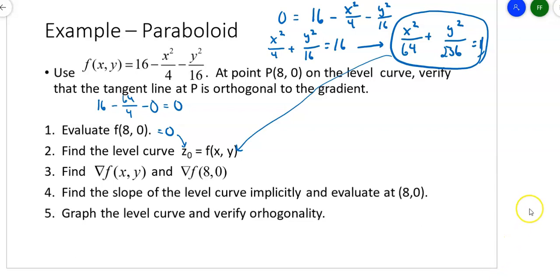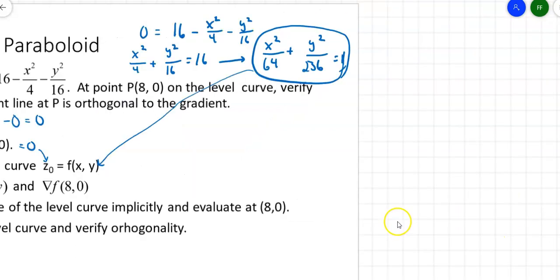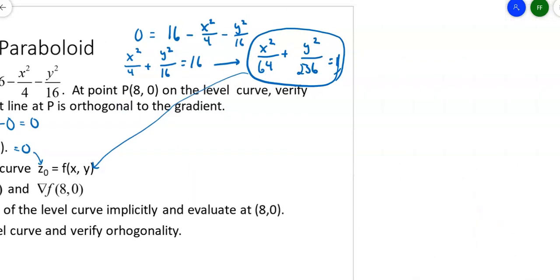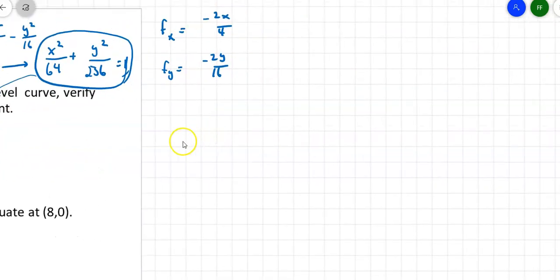All right, so now we need the gradient. For the gradient, we need partial derivatives. So the partial derivative of f with respect to x is going to be -2x over 4. And the partial derivative of f with respect to y is going to give me a -2y over 16. And the point that I have is (8, 0).